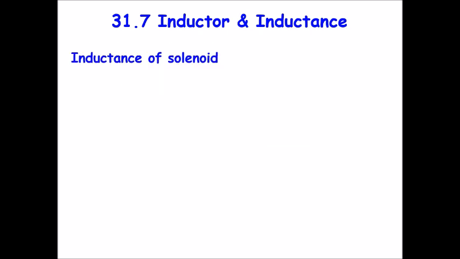So let's now calculate the inductance, the parameter of proportionality between the induced EMF and the rate of change of the current. Start from this formula. What is the magnetic field through a solenoid? That's mu 0 I n, n being the number of turns per unit of length. And what is the magnetic flux? Well, that's this times the cross-sectional area.